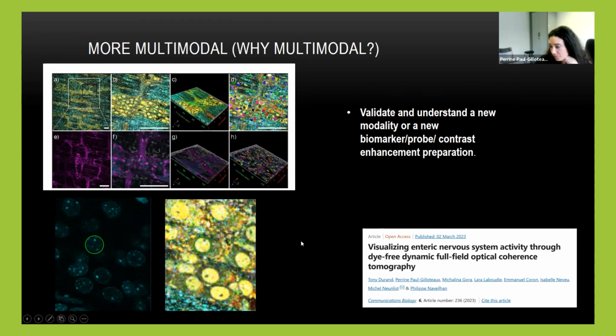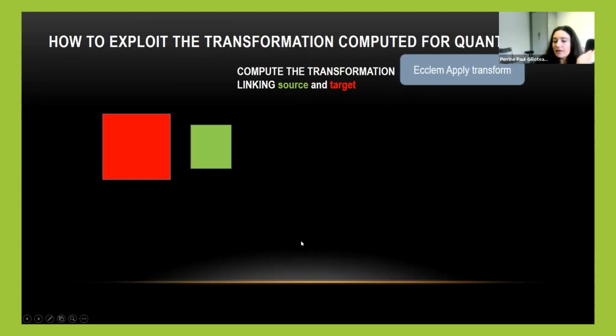And that's one way to use this correlation workflow, because you compute the transformation between different images, maybe helping you with different intermediate imaging as well.